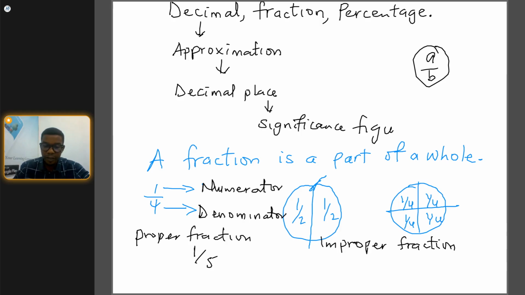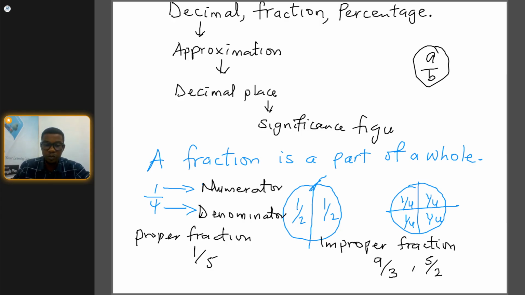Examples are 9 over 3, or 5 over 2. An improper fraction is a fraction in which the numerator is greater than the denominator, while for a proper fraction, the numerator is lesser than the denominator.